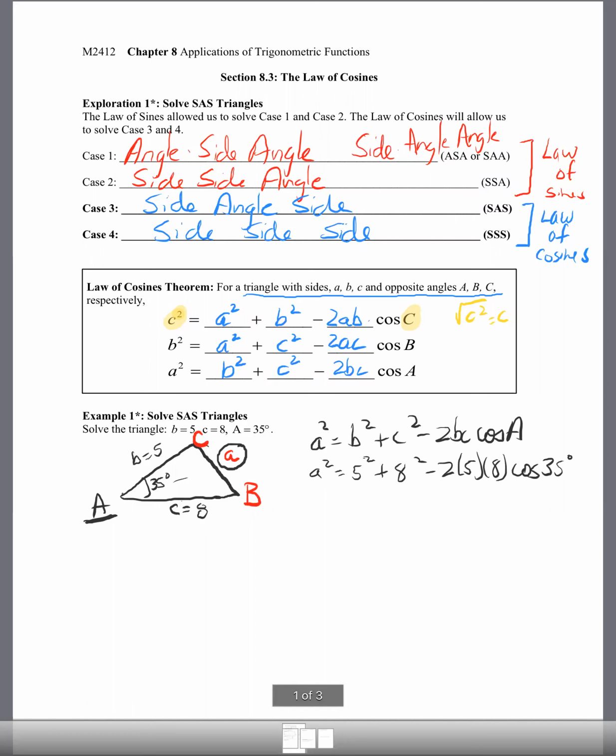Once again, make sure your calculator is in degrees. And if we put that in the calculator, we can find the value for A squared. And that's what I'm going to do right now. Put it in my calculator.